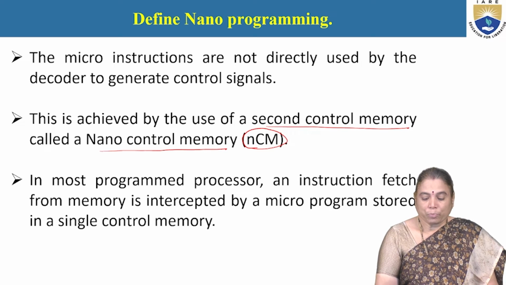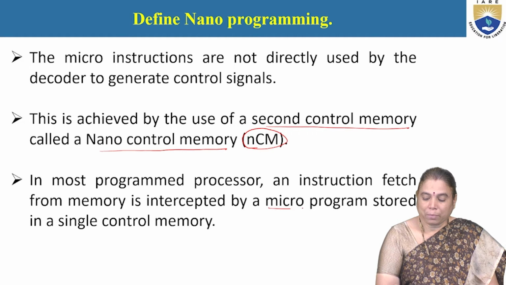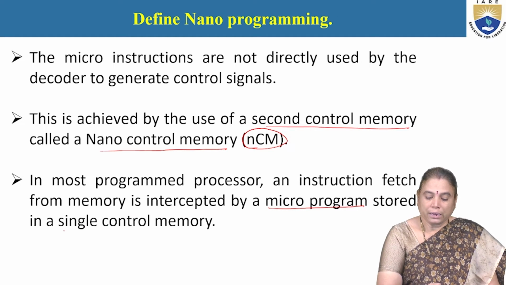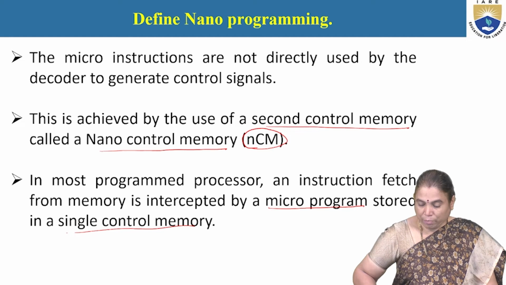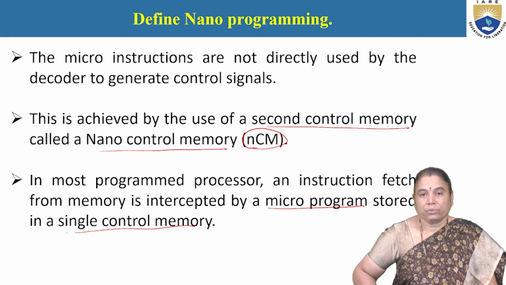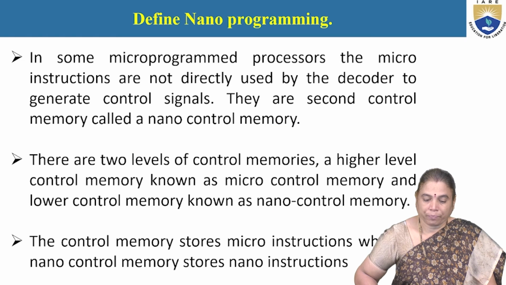In most microprogrammed processors, an instruction fetch from memory is intercepted by a microprogram stored in a single control memory. Generally, the control memory is used to store the microprogram, and the instruction is fetched from this control memory.